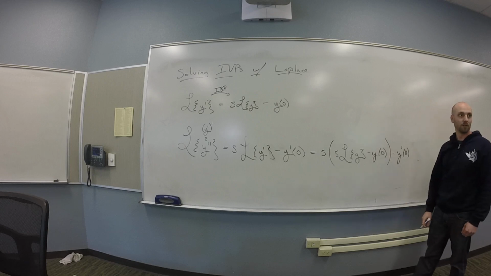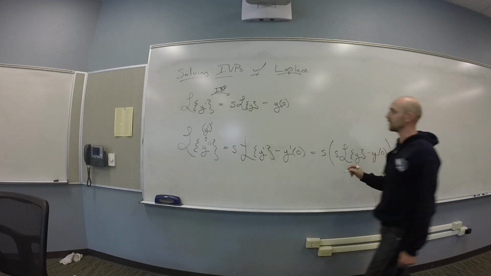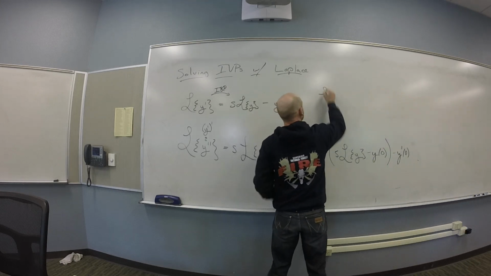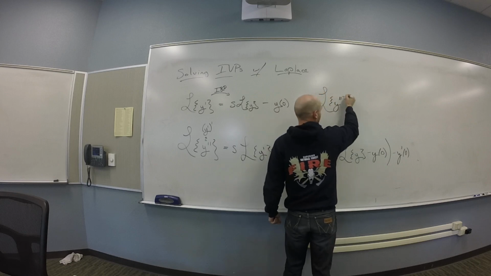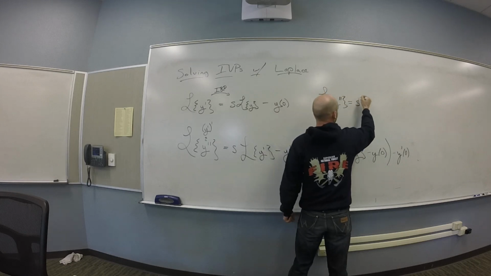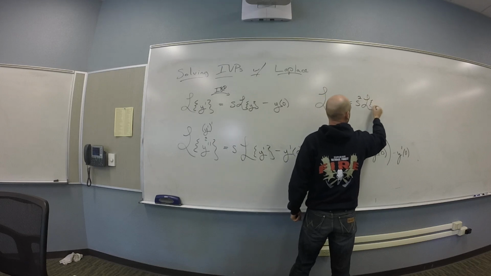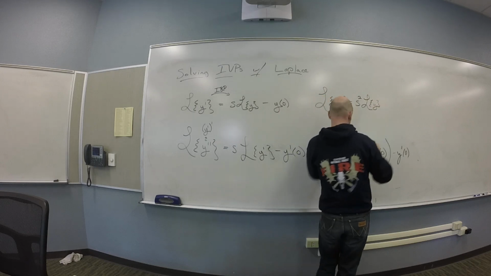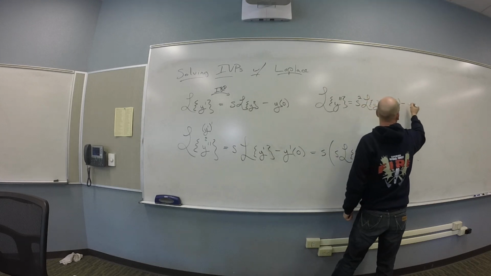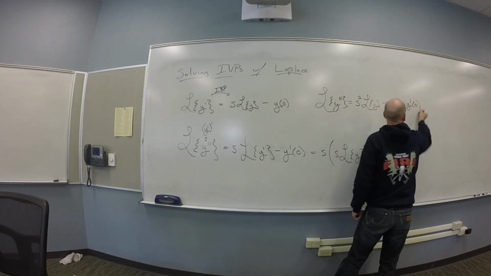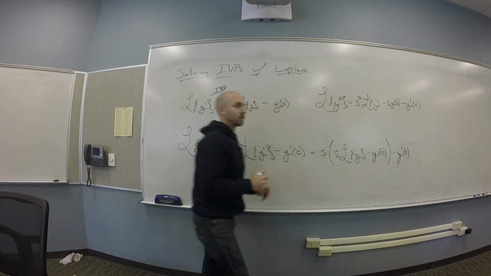Perfect. So all told, you arrive at this kind of nifty formula, which you want to add to the place near that one, which is that the Laplace of y double prime is s squared times the Laplace of y, minus s y at 0, minus y prime at 0. That's cool then?